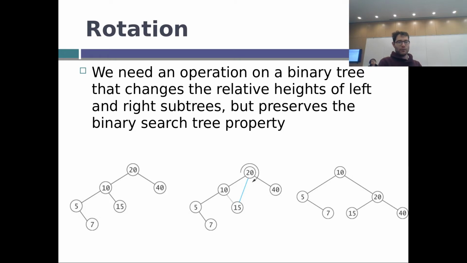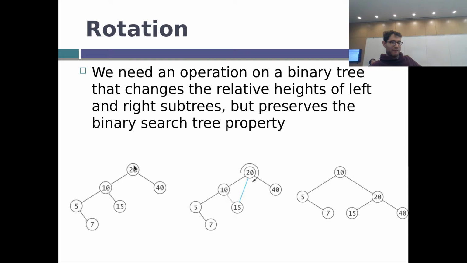Now, how does that work? Well, for a right rotation, which is what we will focus on. Now, there's a left rotation as well, but it's simply putting a left wherever you see a right and a right wherever you see a left to do a left rotation instead. So we're just going to focus on the right rotation. To do a right rotation, we start at the root of the tree or subtree we want to rotate.